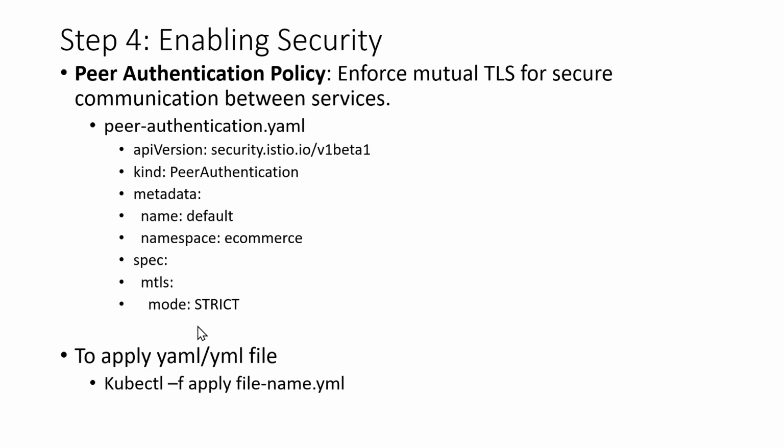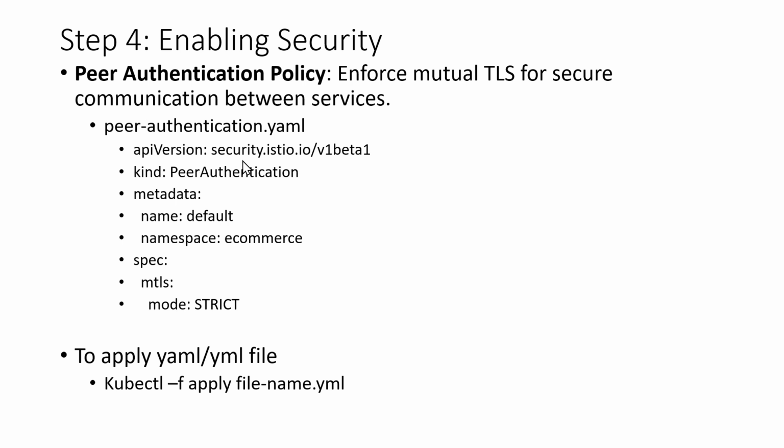Next, for enabling security, I will write a different file. A peer authentication policy enforces mutual authentication and authorization for accessing the content, or else there is no use of deploying the services.